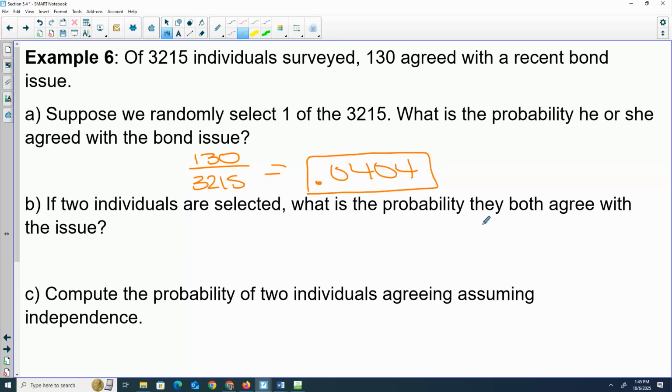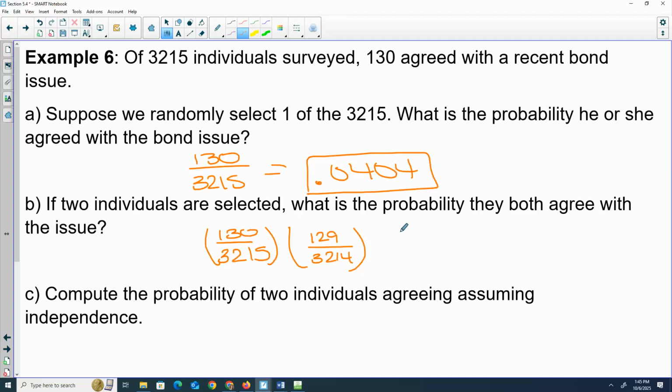If two are selected, what's the probability they both agree? So the first agrees and the second one agrees. And means multiply, right? What's the probability the first person agrees? 0.0404. Yeah, I'll do it as a fraction, but just to visualize this. Okay, if the first person agreed, when I go to talk to my second person, I'm not talking to that first person again.